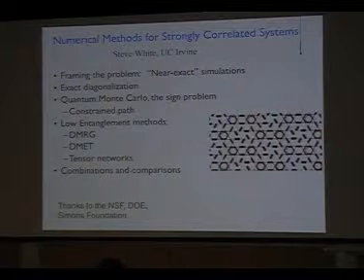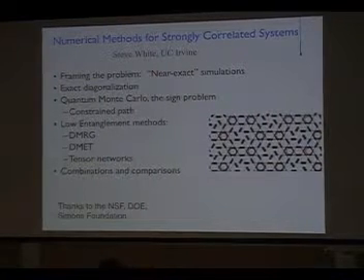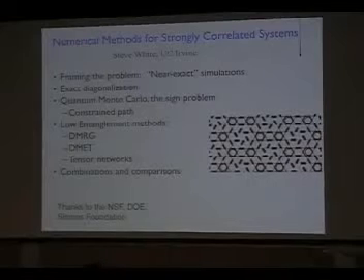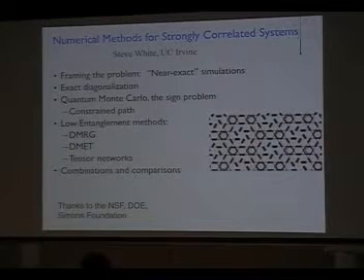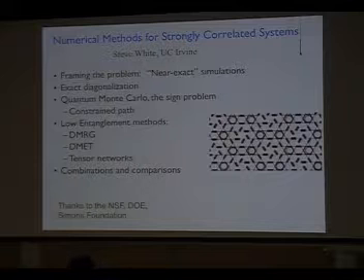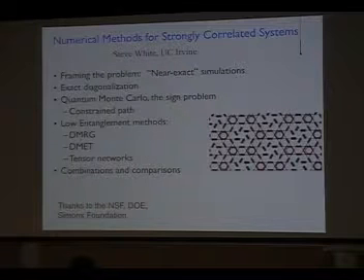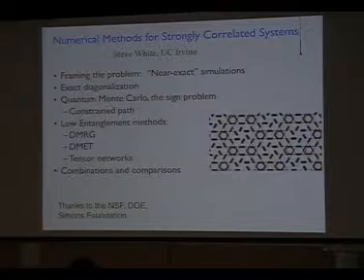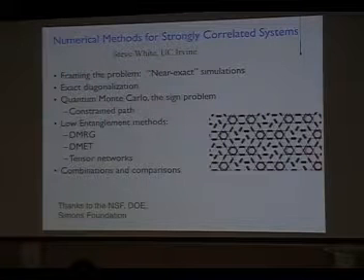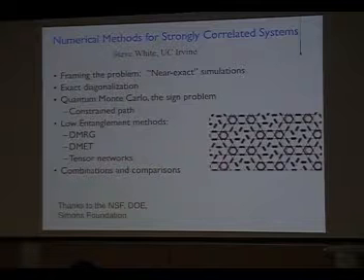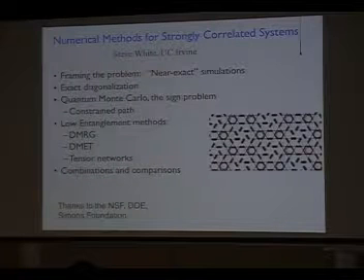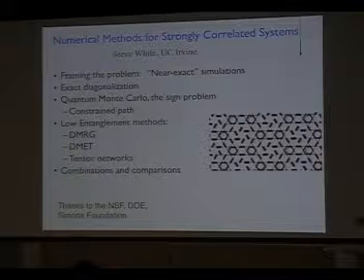I was told, well, Cornell students are smart, which, I was here, I agree. But they can figure out the method, but how do they know which one to work on? So this first lecture is designed to give a bit of an overview, an overview of numerical methods for strongly correlated systems.